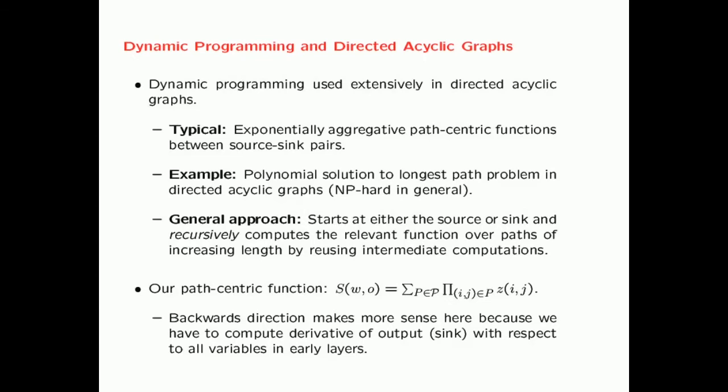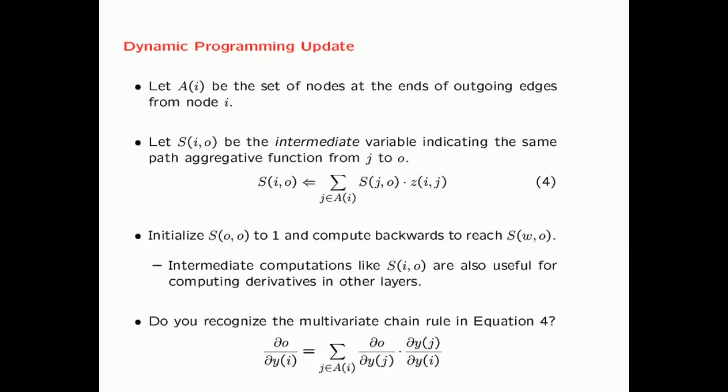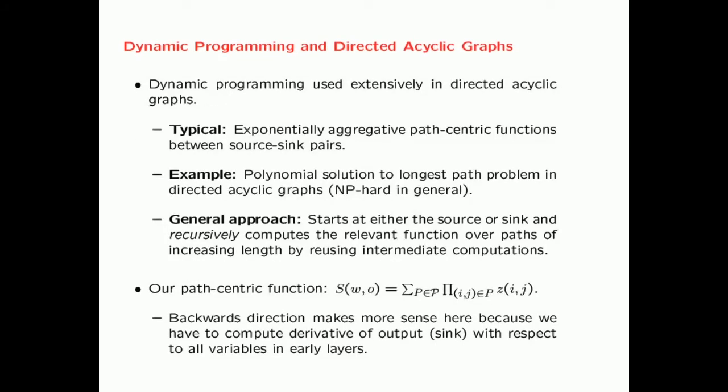So what is this dynamic programming update? Let us consider the case where AI is the set of nodes at the ends of outgoing edges from node I. So SIO, which is essentially the partial derivative of the output O with respect to the variable in node I, is an intermediate variable indicating the same path aggregative function from the node I to node O. Now, what you can show is that this SIO is given by the sum of the product of SJO and Zij for all nodes J which are at the ends of outgoing edges from node I. And the way you can easily show this result is by just looking at this path-centric function SWO.